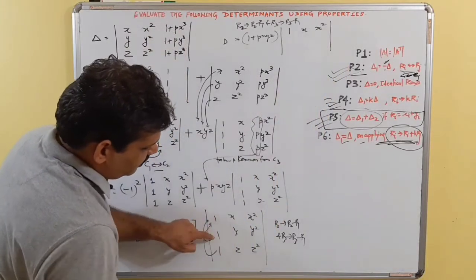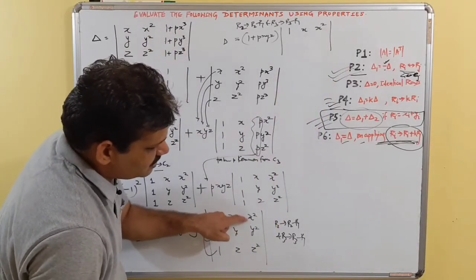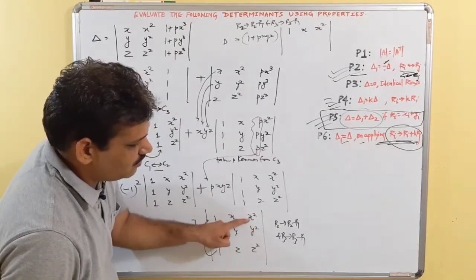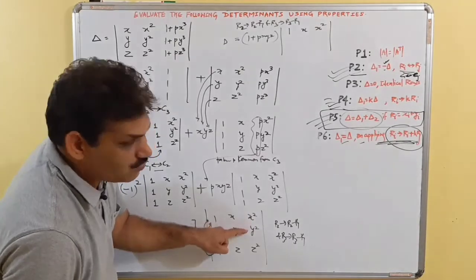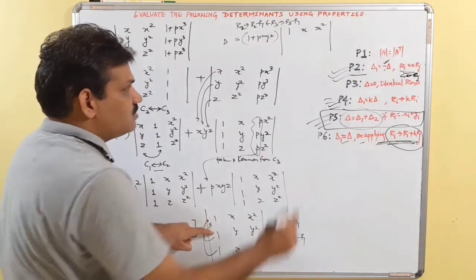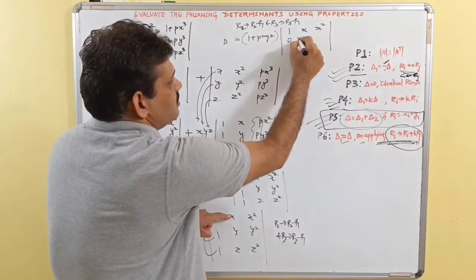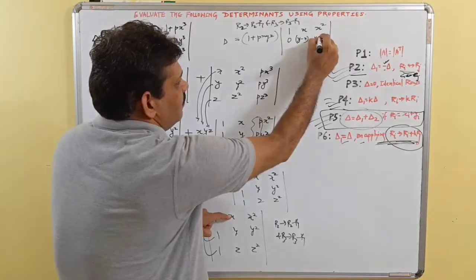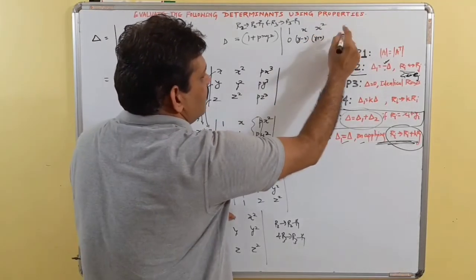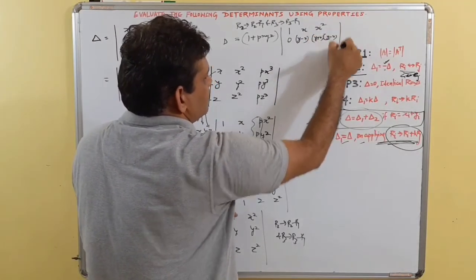R2 minus R1 gives 0, y minus x, y plus x into y minus x. Y square minus x square is factorized as y minus x into y plus x.